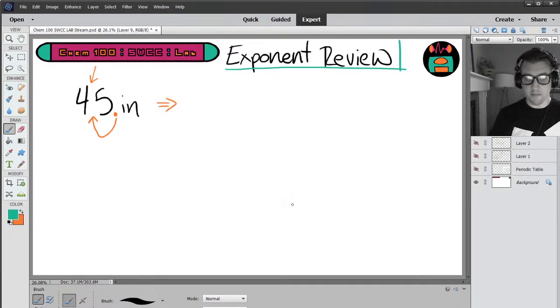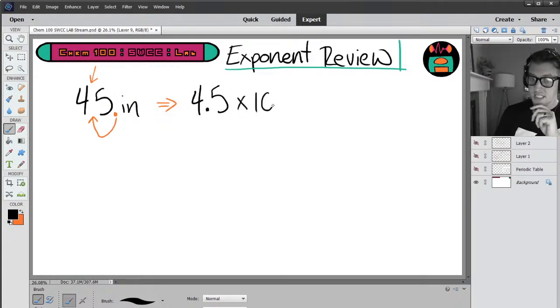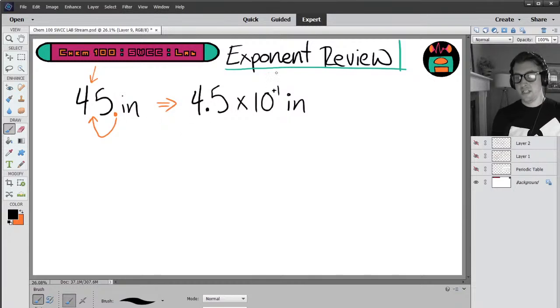So we're going to write this number as 4.5. And if you moved it one space, this is going to be times 10 to the 1. And because we moved it to the left, the exponent is going to be a positive value. So in scientific notation, this would be 4.5 times 10 to the first inches.